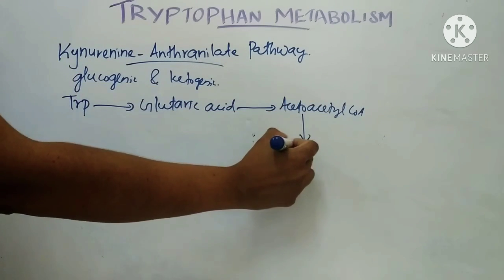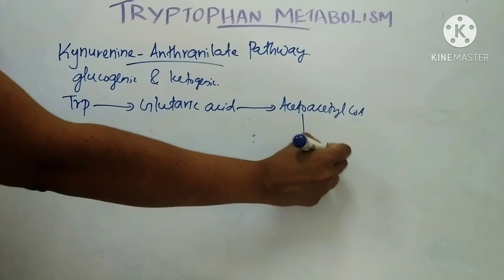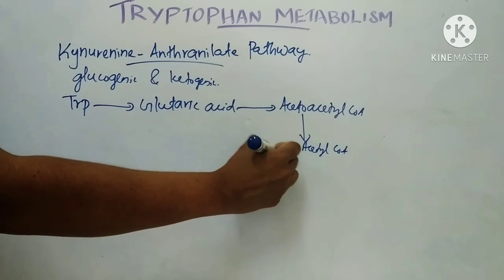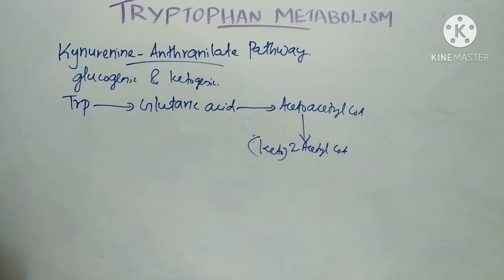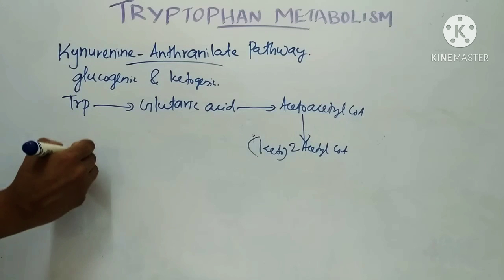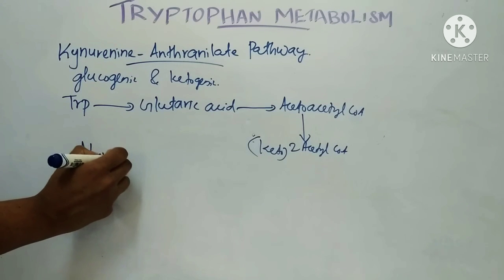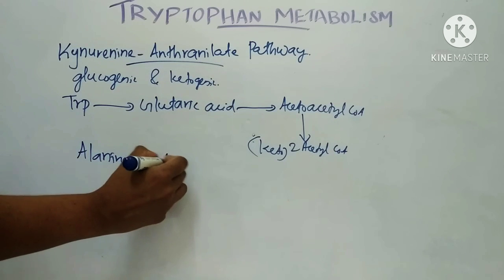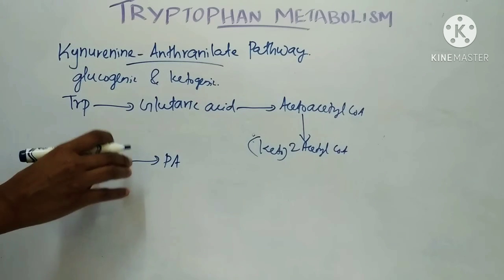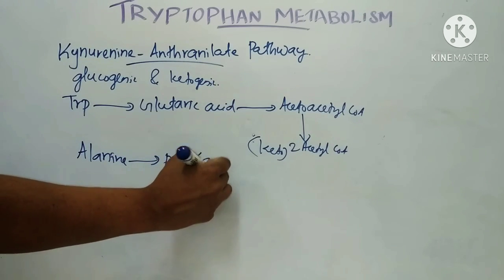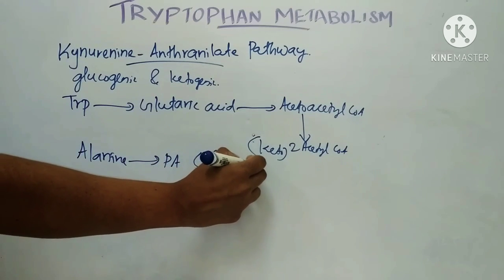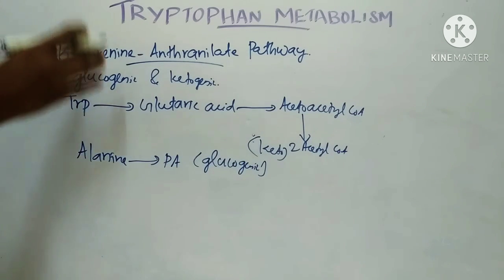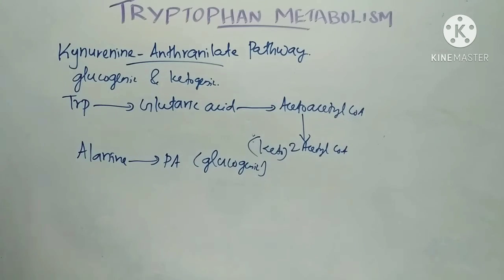From this acetoacetyl-CoA, two acetyl-CoA molecules are formed, so it is ketogenic. Then it also produces alanine. This alanine on transamination can form pyruvic acid, so tryptophan is glucogenic. So tryptophan is both glucogenic and ketogenic.